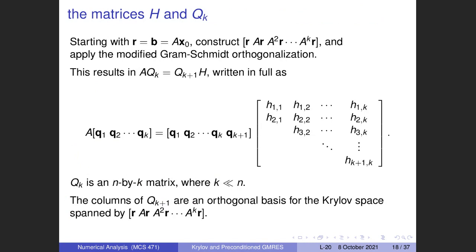The definition of this H matrix. What is the interpretation of the coefficient H? For this slide, the matrix A is actually a square matrix. We will see in the Julia code how we can fix this.